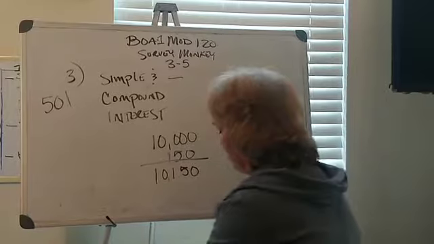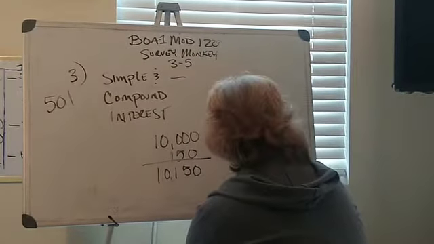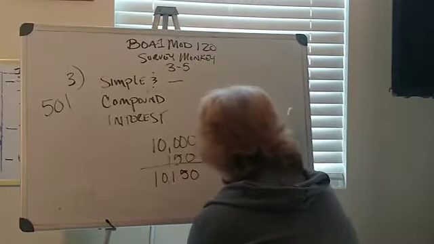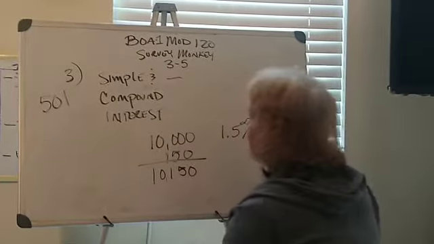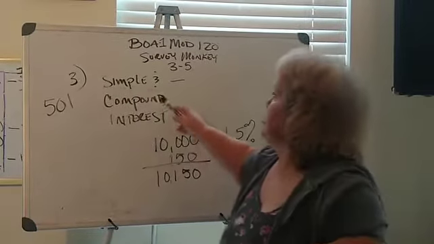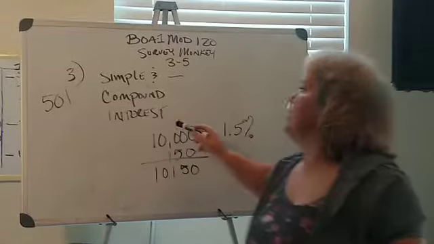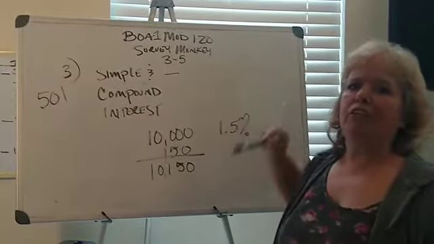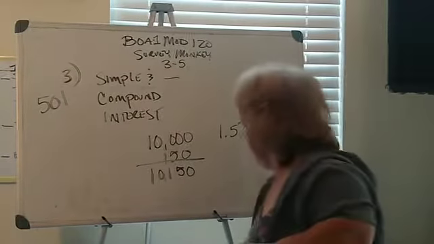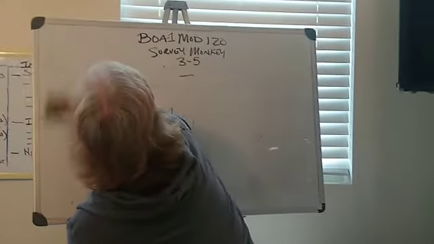In fact, I think we did one already, with number 2. So, number 3, that's the difference. Simple interest is based just on the principal loan, and compound interest is based on the principal plus any earned interest. Okay? All right.